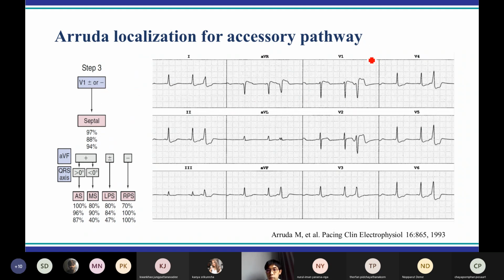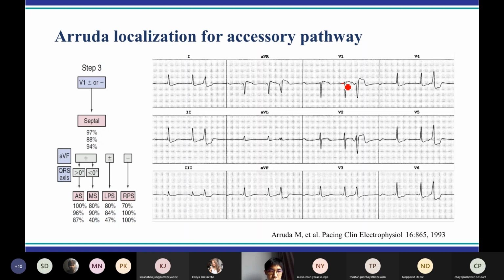If the delta wave is isoelectric or negative, in this one, I think maybe it's isoelectric here. The delta wave is isoelectric here. You are not seeing clearly that it is positive.